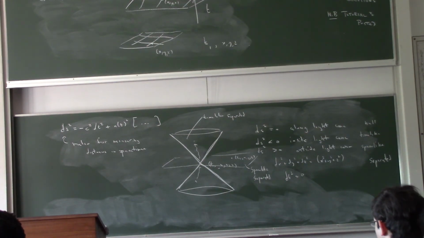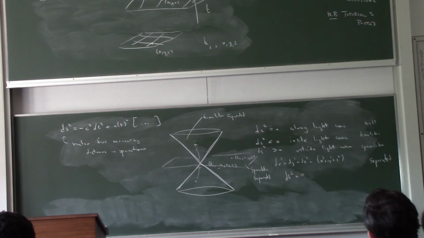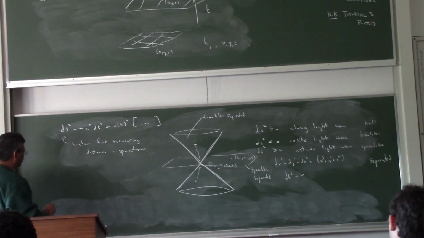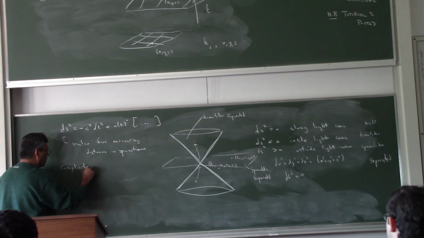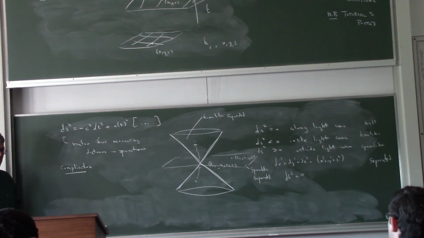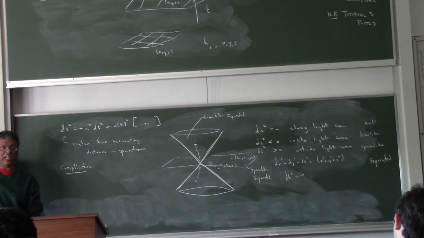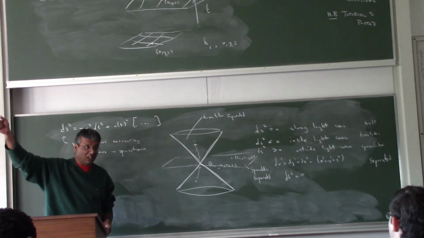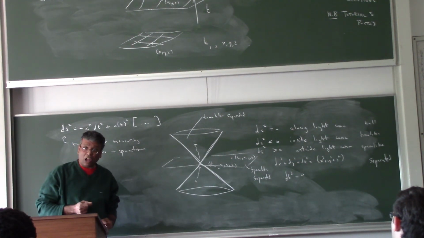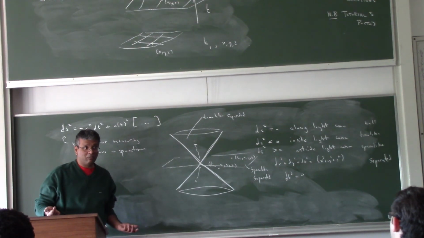Okay, so the complication is that suppose we want to measure the distance between us and a distant galaxy. When we say there's a distant galaxy, what we're looking at is light that's emitted from that distant galaxy. That light takes time to come to Earth.